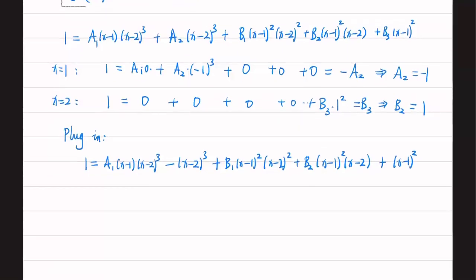We simplify this. Okay, we put these 2 terms on the right hand side.